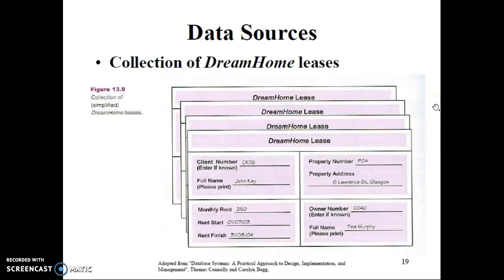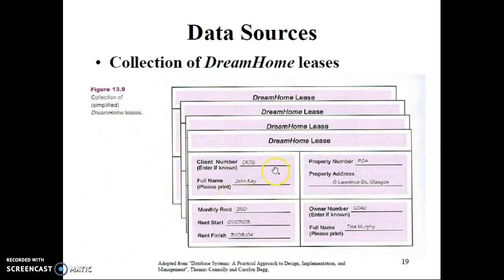In real time, we collect the data sources through forms. In our Dream Home example, lease forms are given for collecting the client information. That is the initial step to design a database.